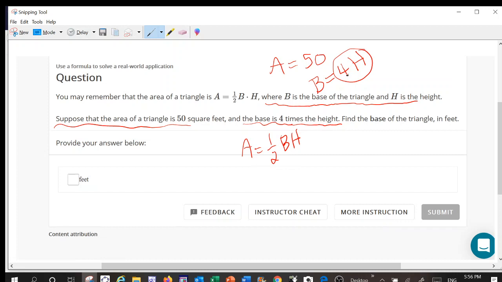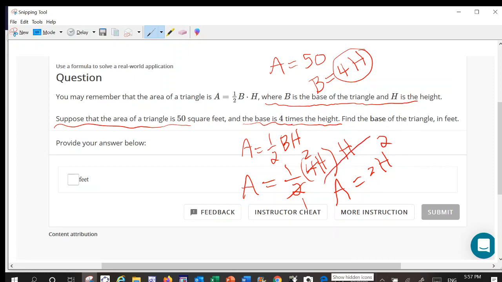So A is going to equal 1/2, and instead of B, I'm going to put 4h and then times H. So A equals, this 2 cancels this 4, so it would be 2h squared, right? So that's the formula that has no B in it.